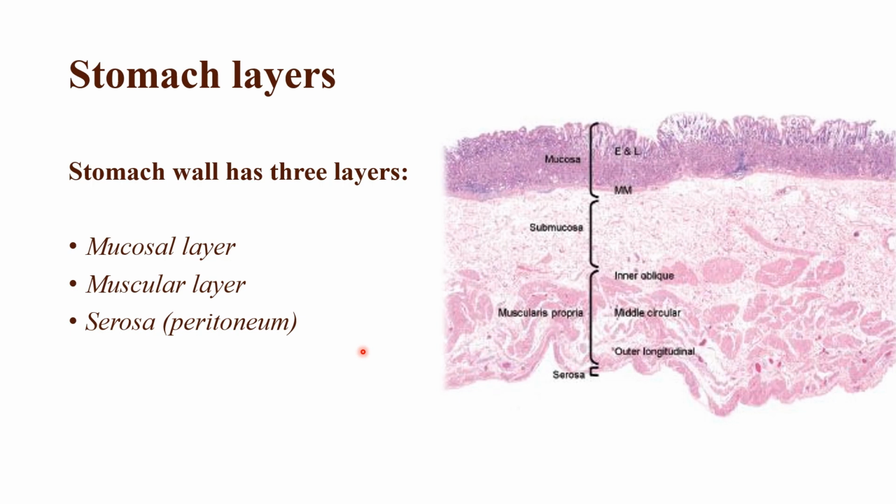Now, if you watch the video on the esophagus, which is amazing as well, and I recommend watching it, the main difference between these two structures is that the esophagus has adventitia on the outside and the stomach has serosa.